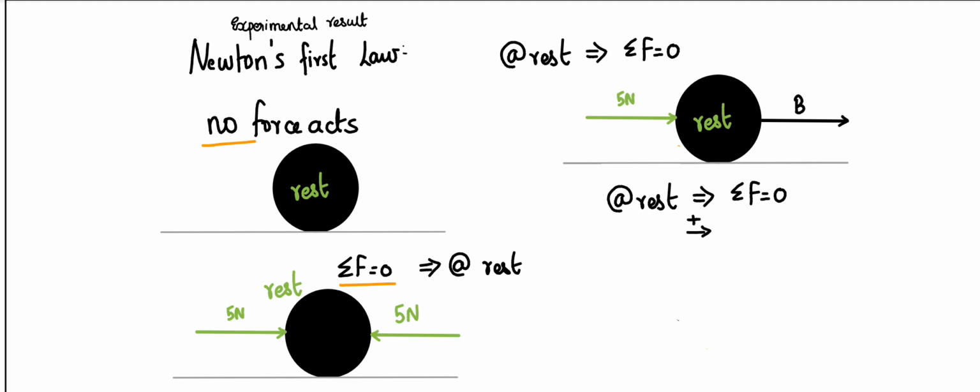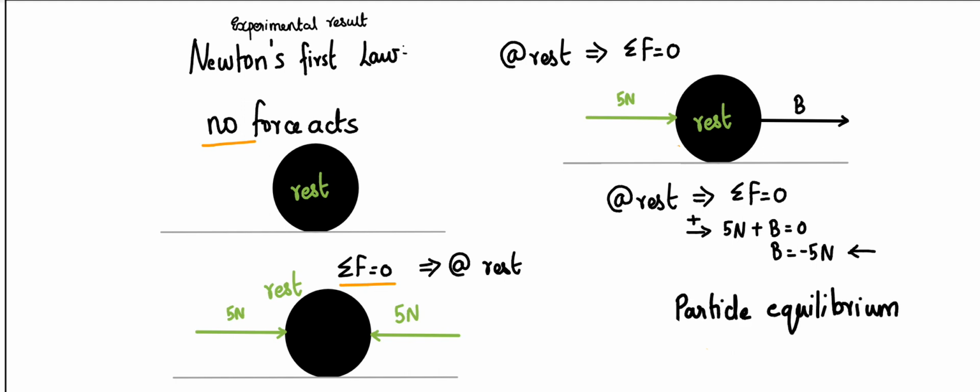For this I give a direction definition. Along this direction I assume positive, so 5 Newton is positive. I also assume B acts towards the right, so it's positive. Adding these two, which is equal to 0, summation of force is equal to 0. So I solve for B. The B value comes out negative, so it acts towards the left.